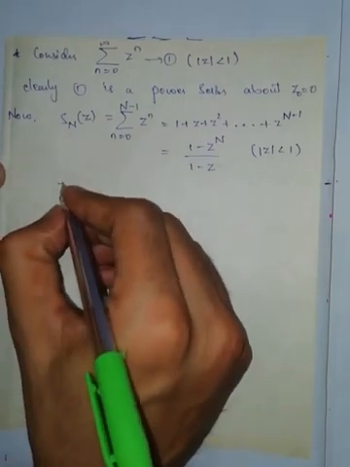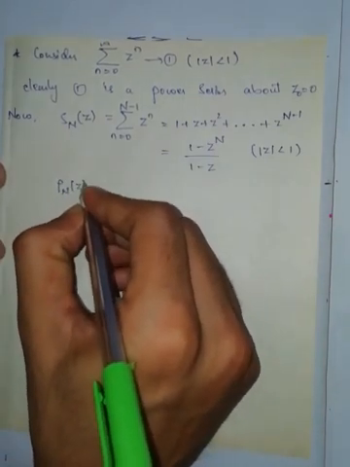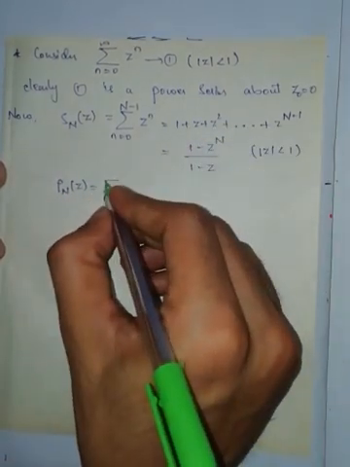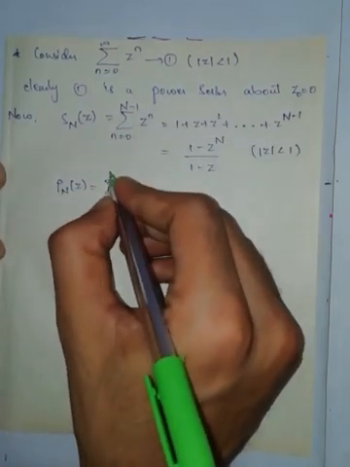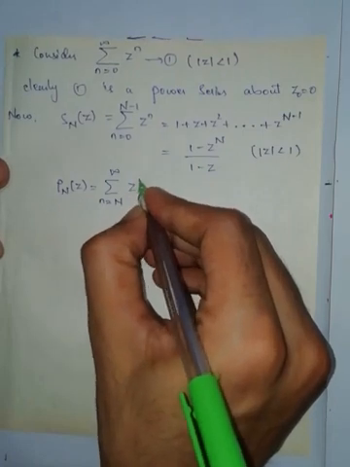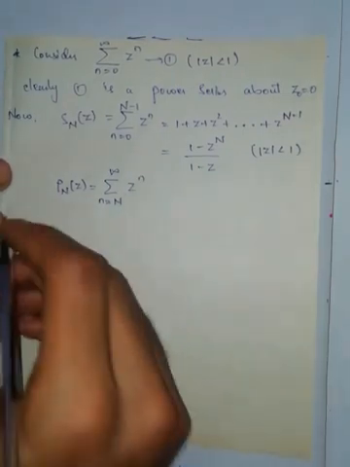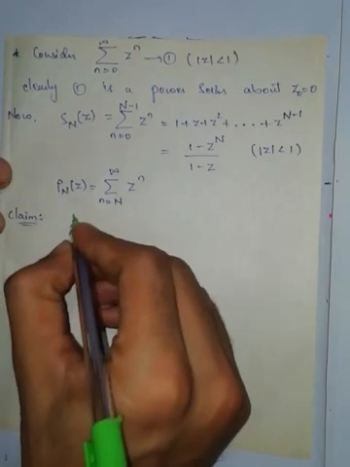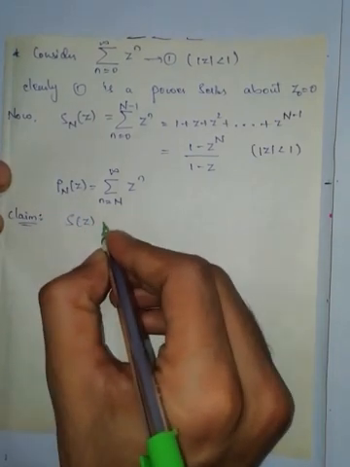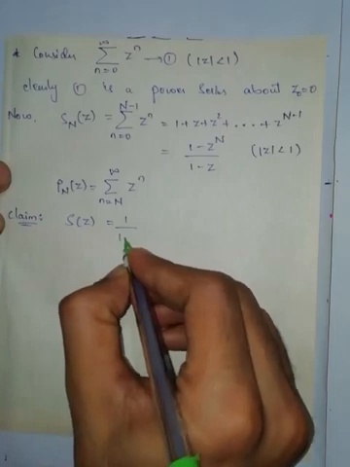Now, what are the remaining terms? That is, the series starts from capital N to infinity z^n. Now, claim. What are we going to prove? Let us prove that the sum of the series, that is S of z, is 1 by 1 minus z.